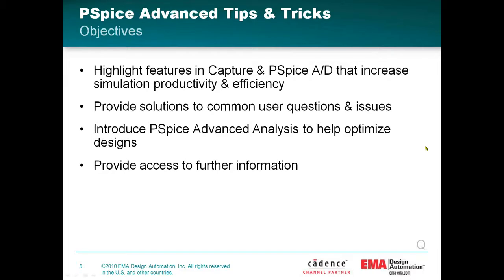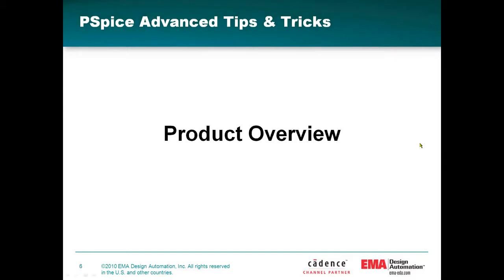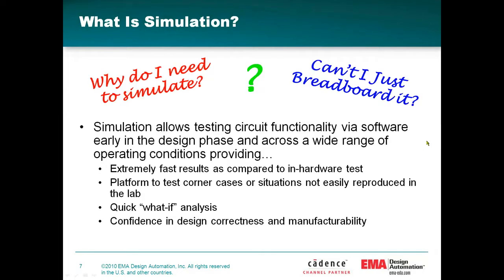Okay, Jerry. All right. So now we're going to move on to introduce what PSpice is. Simulation allows you to determine functionality and catch errors in advance, so that you haven't already committed to creating prototype boards and full production runs.